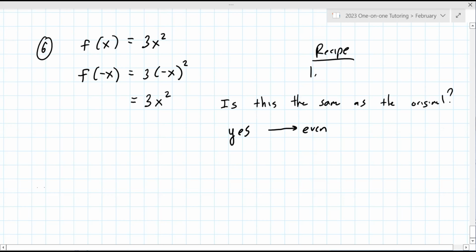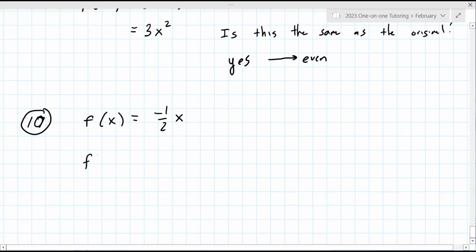So we're gonna do an odd one now, and we're gonna go to number 10 for that. Although I don't really like 10, but we'll do 10, and then we'll do another better one. f of x equals minus 1/2 x. First thing you try is f of minus x, so minus 1/2 times minus x.